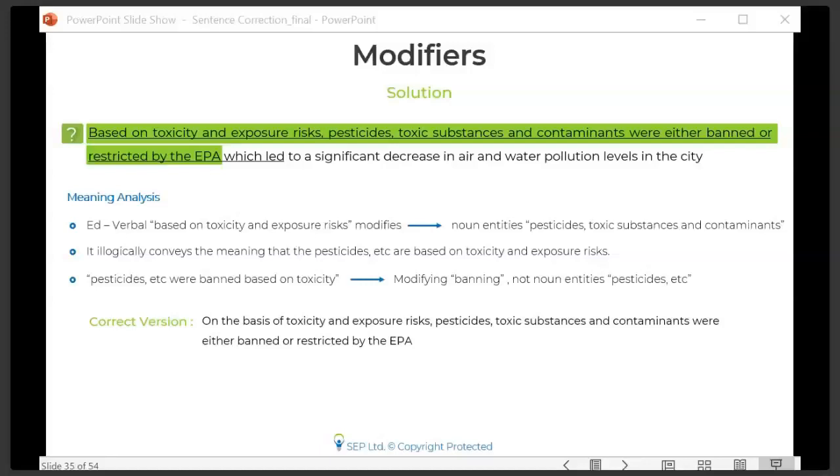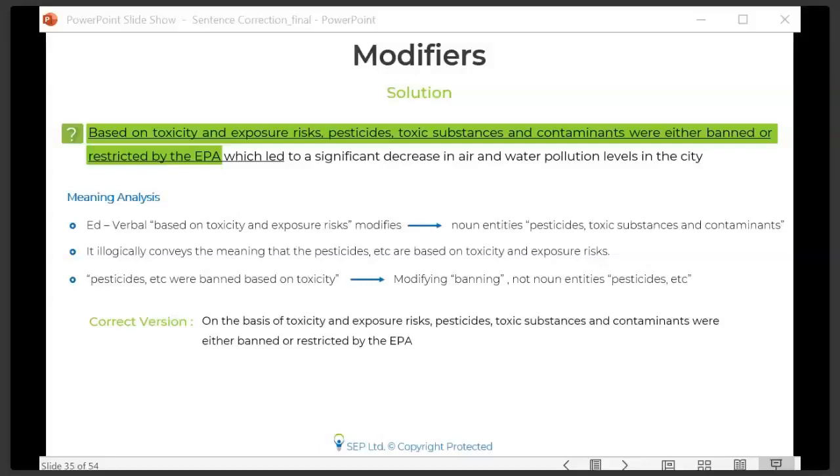No. I understand that when you read the sentence, you know that the banning was done on the basis of something, but that is not what this sentence actually means. Although that is the intended meaning, that is not what this sentence means, because the -ed verbal cannot modify a verb, and that is what it is doing here. So let me ask my question once again.